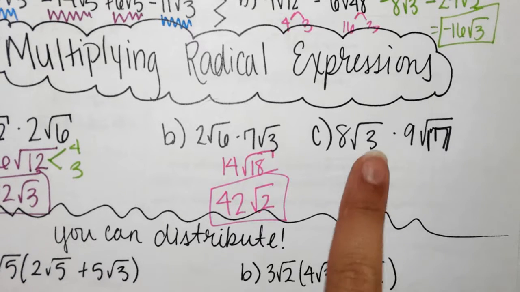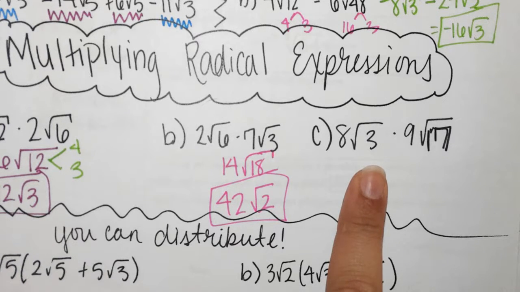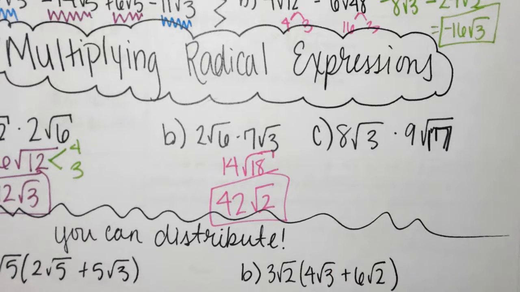We added a problem right here. Is that 9 root 7? 9 root 17.